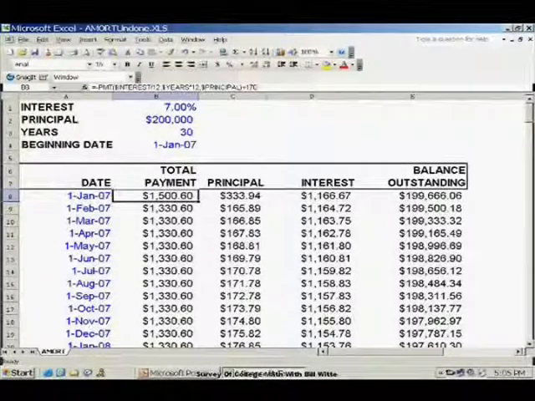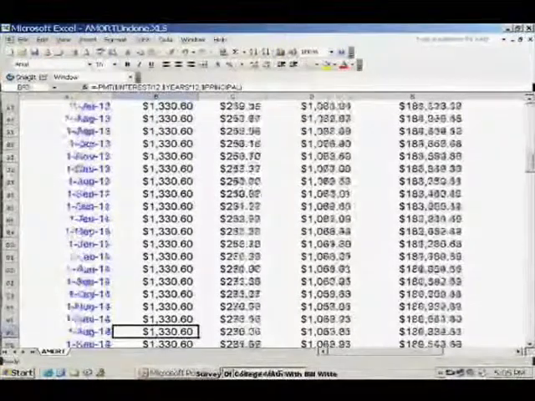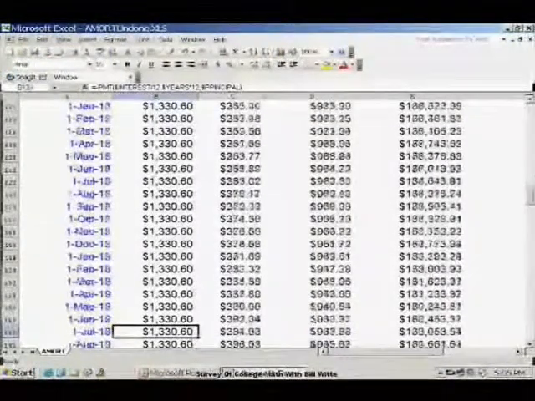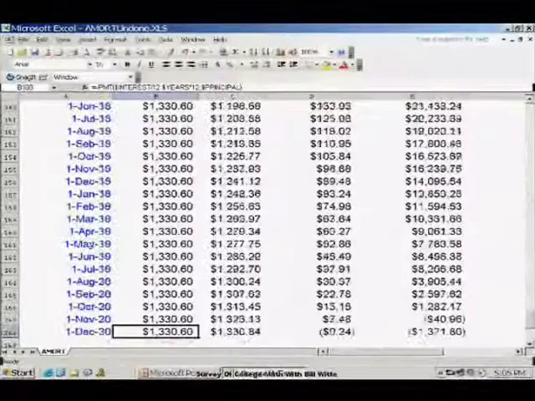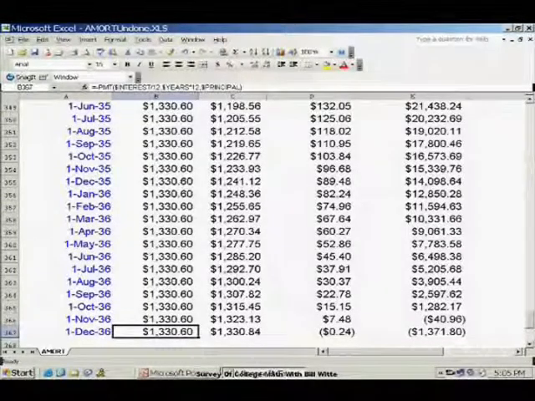Pretty cool. And in fact, just that $170, if we go all the way to the end of the loan, it's going to take me a long time, so I'm going to go down. Pretty cool. Actually, you've paid off the loan already. I mean, well, I shouldn't say that.